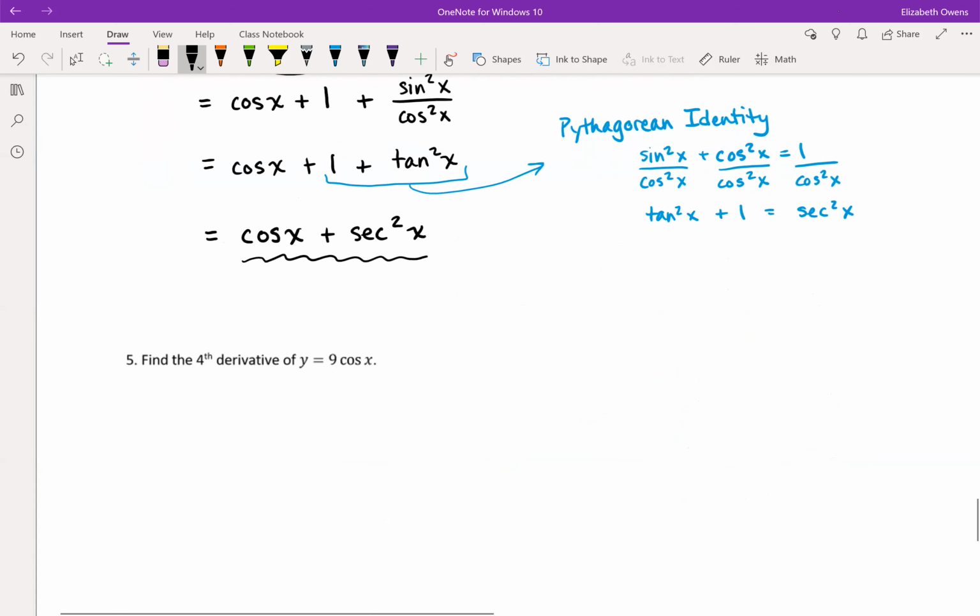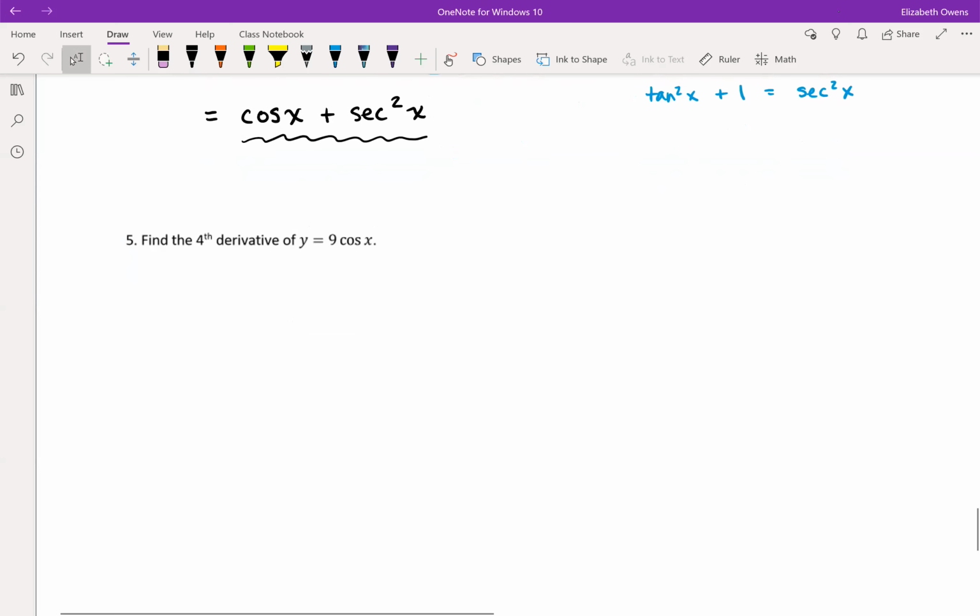And now for our last example, number 5, we are going to find the fourth derivative of y equals 9 cosine x. Okay, oops, got a little ahead of myself there. I just wanted to write the original function down for us. Okay, so original function, y equals 9 cosine x.